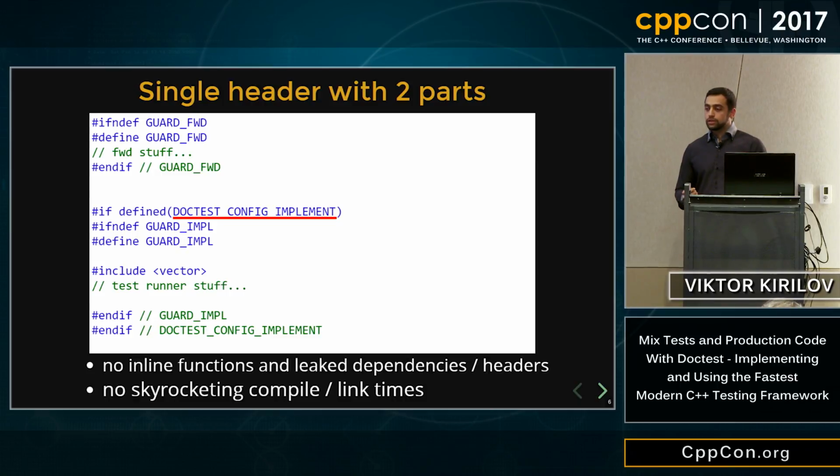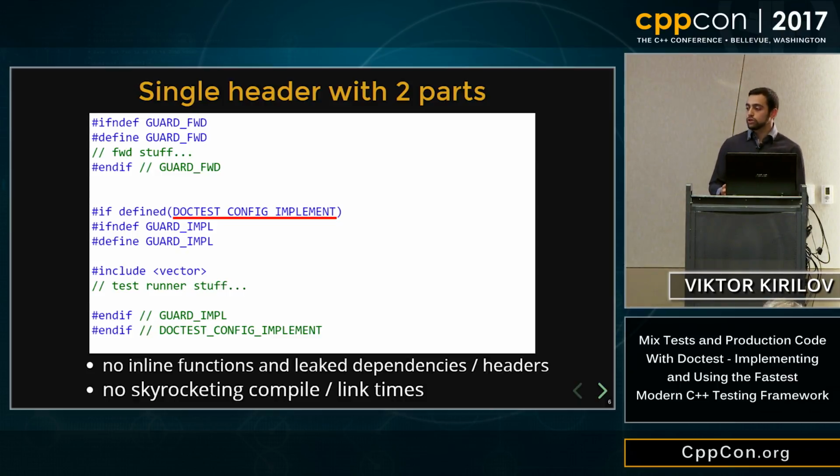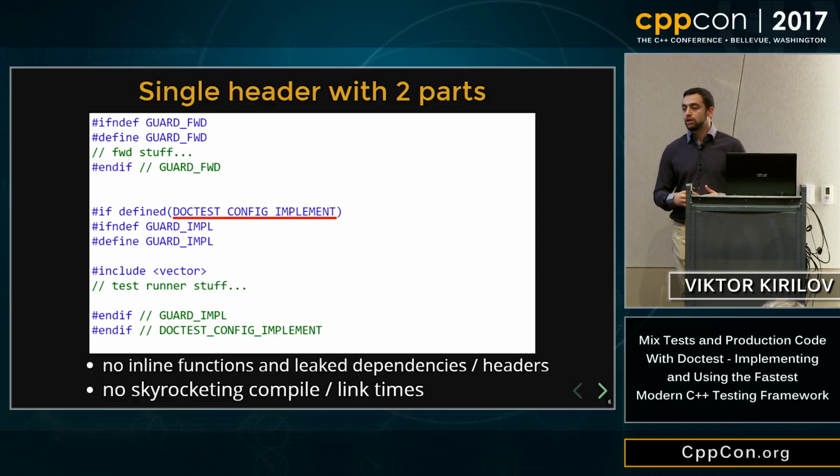First of all, since it is a single header library, there are two ways we can approach it. Either everything is marked as inline and all the headers are always included, or we can separate the header in two parts, the interface part and the implementation part. The interface part is included everywhere, but the implementation part is conditionally compiled in only one source file where we have defined some identifier before including the framework.